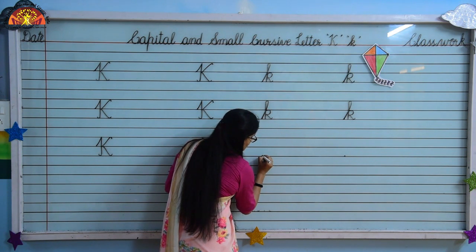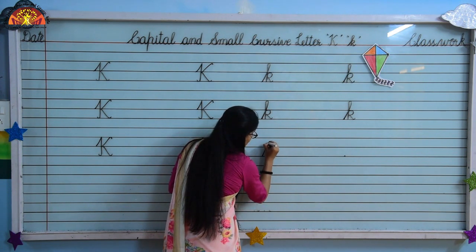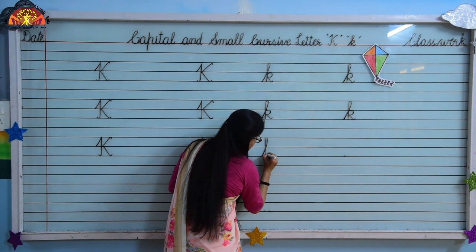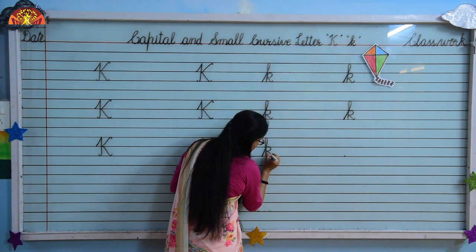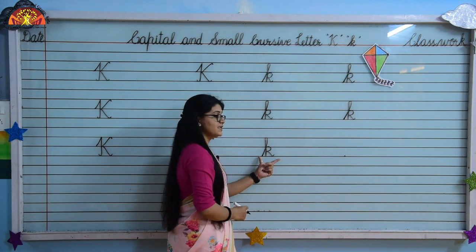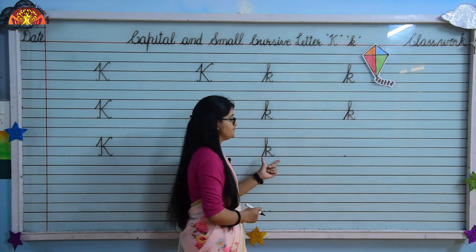Put your pencil on third line, draw slanting line, touch the first line, loop, standing line, touch the third line, moving up with same line. And now between the second and third line, we will draw a small curve and then slanting line, touch the third line and turn. Small cursive letter K.